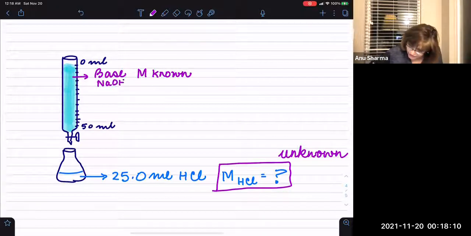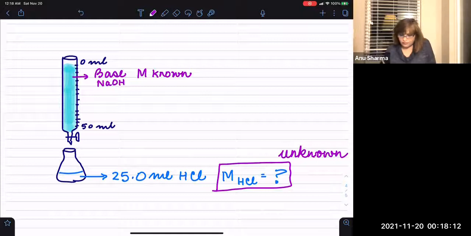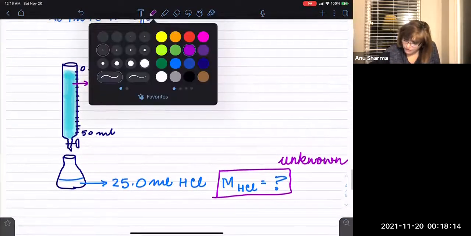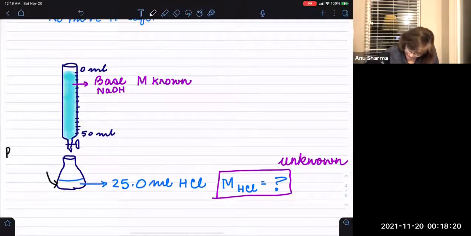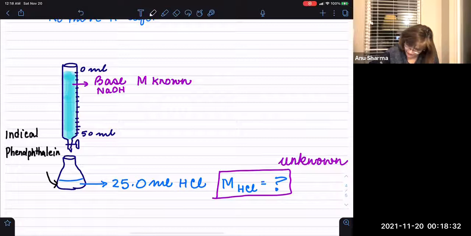Now, before we move further, you are going to add the indicator phenolphthalein.